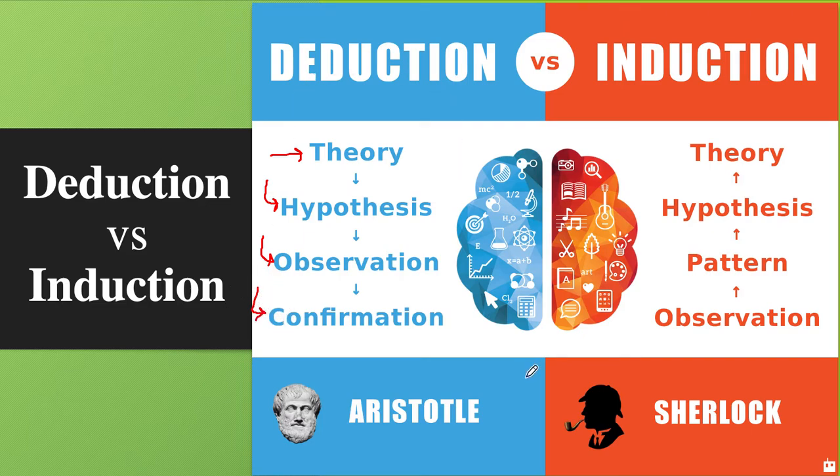One of the popular people who used that is Aristotle. And induction starts with the observation. After the observation, you somehow see a pattern out of it, and then you hypothesize that, hey, maybe this is true, and therefore you produce a theory out of that. One of the popular figures that use induction is Sherlock Holmes.